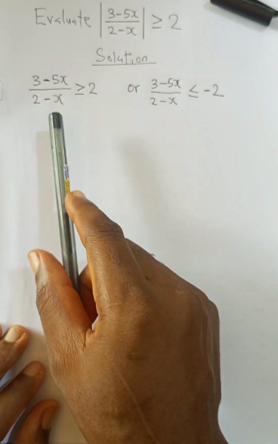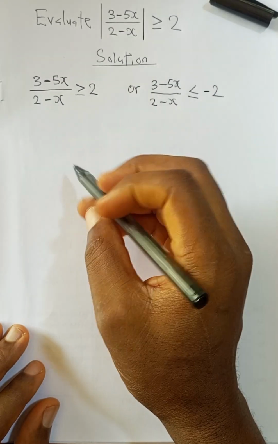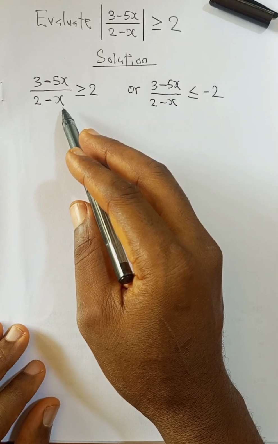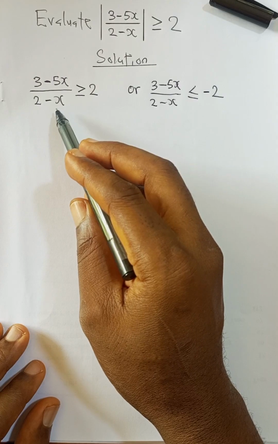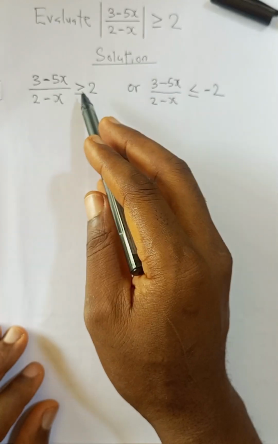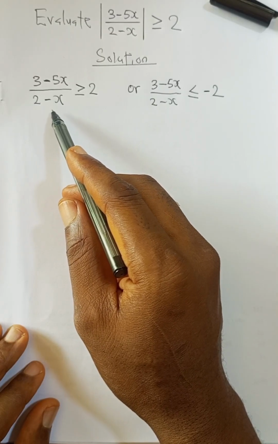So we're going to solve each of these. And remember how we go about solving this. We are not going to cross multiply because there is a variable in the denominator. I said when you have a variable in the denominator, don't cross multiply. Instead, multiply both sides by the square of what you have in the denominator.